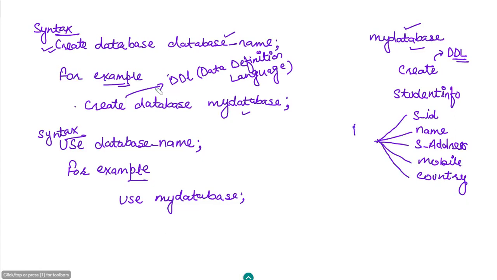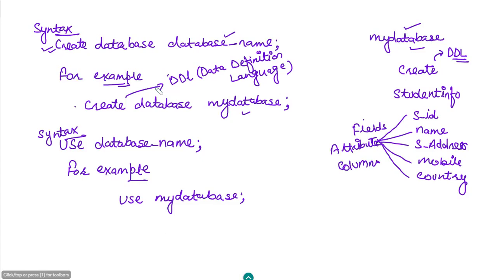We call these attributes and columns. Columns and attributes are the same thing, right?